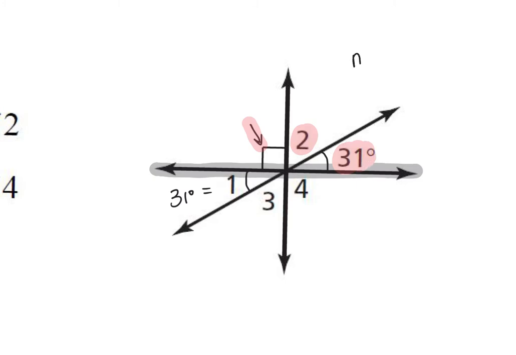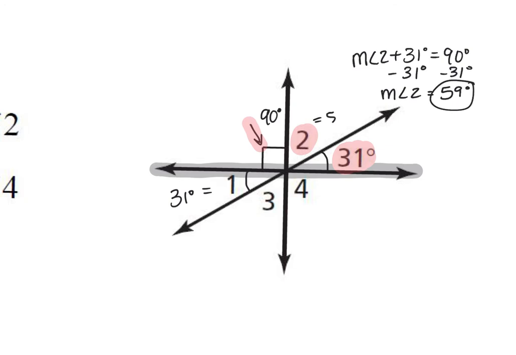In other words, the measure of angle 2 plus 31 degrees is equal to 90 degrees, okay? Because if there's 90 used up here, we have 90 left to work with, so 2 and 31 should add up to 90. We subtract 31 from both sides. We're going to get the measure of angle 2 is equal to 59 degrees. So this is 59 degrees.